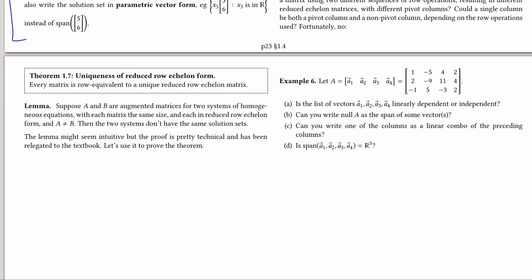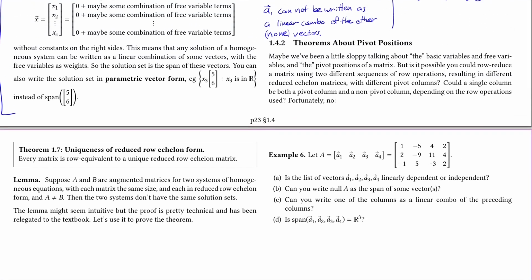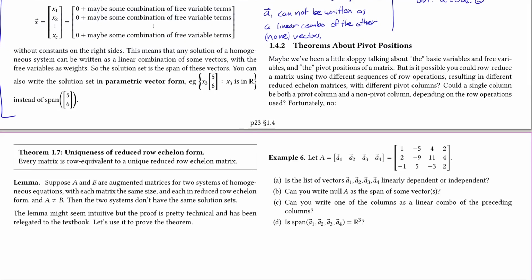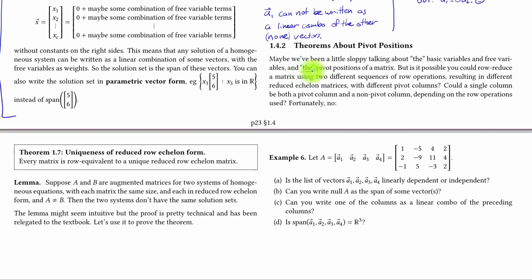Hello, hello. For this video, we're going to do a proof of Theorem 1.7 because we've been a little loosey-goosey about talking about the pivot positions of a matrix, like what are the basic variables and the free variables.